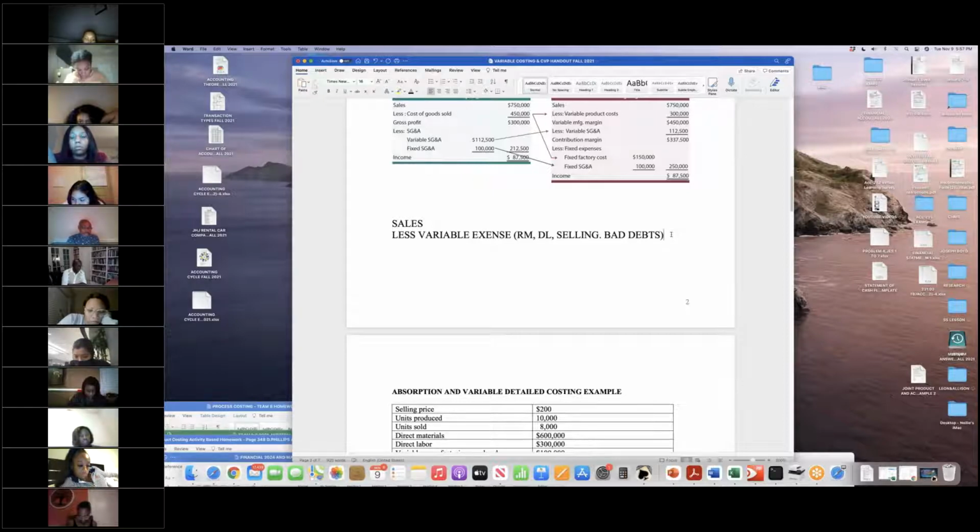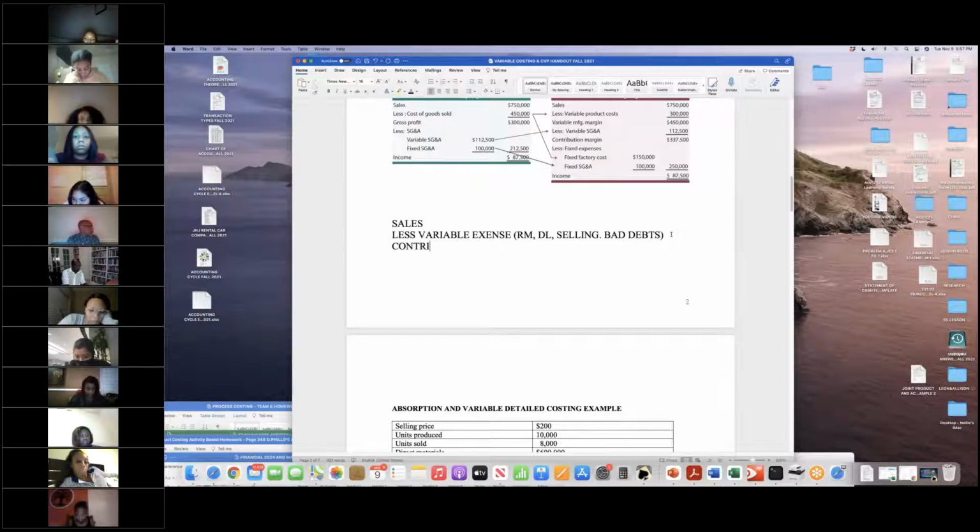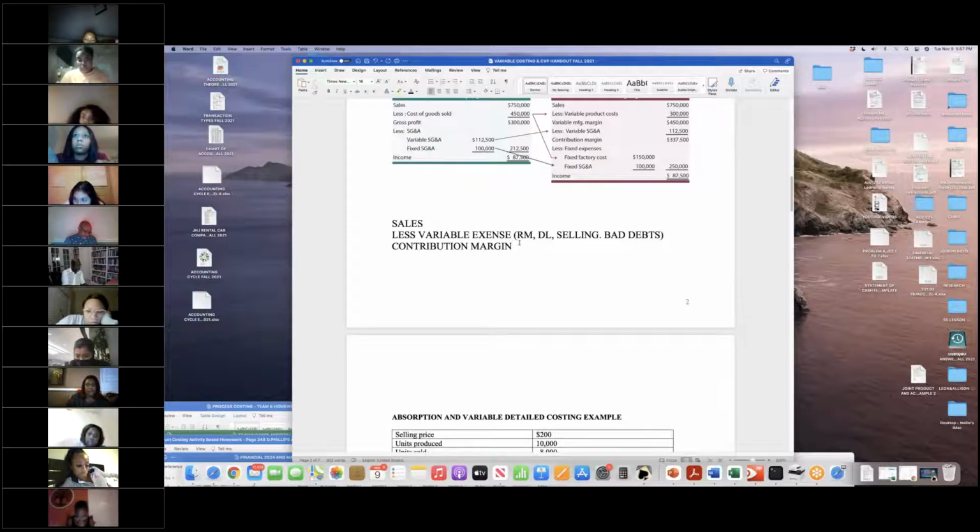When we get this number, what falls out is the contribution margin. The contribution margin is simply defined as sales less variable expenses. And the contribution margin shows what amount is left to cover fixed costs.